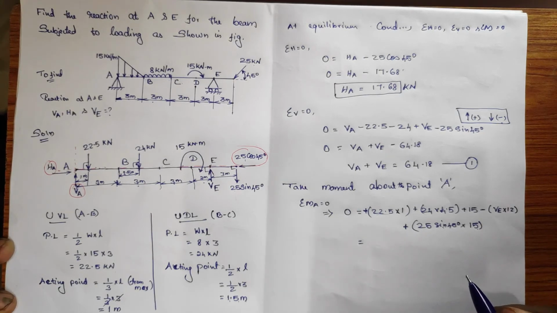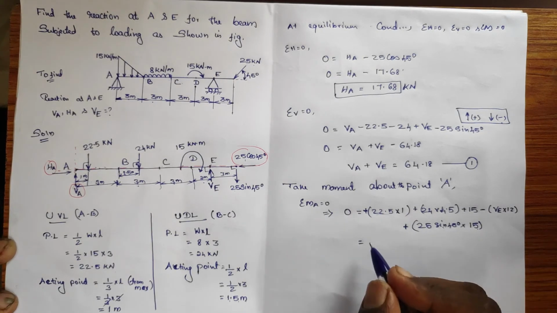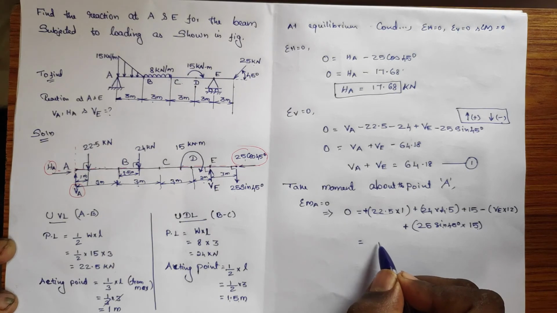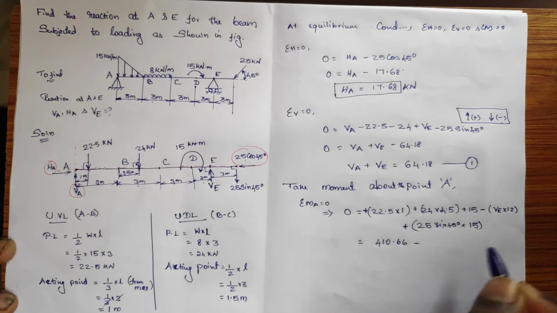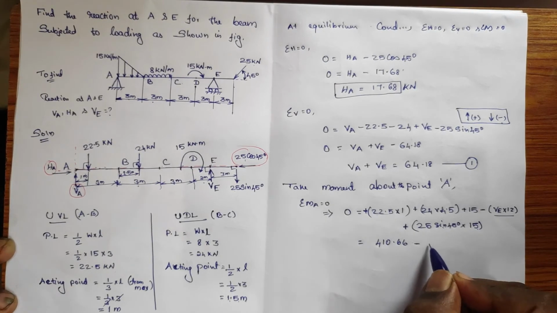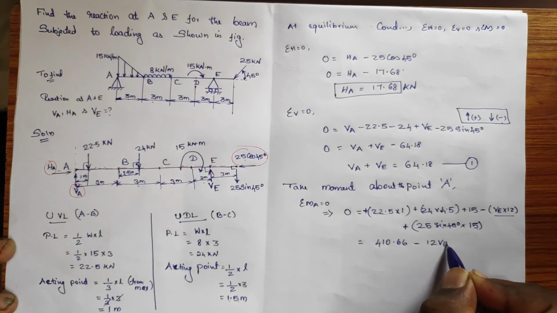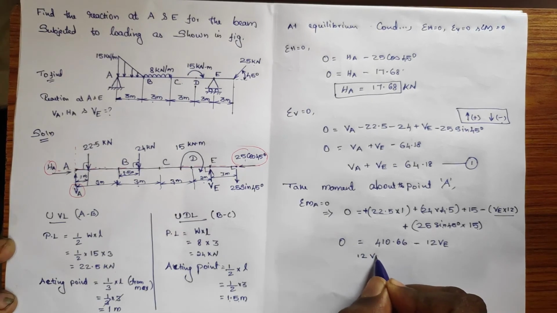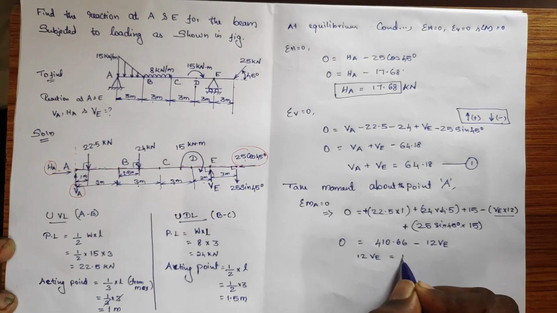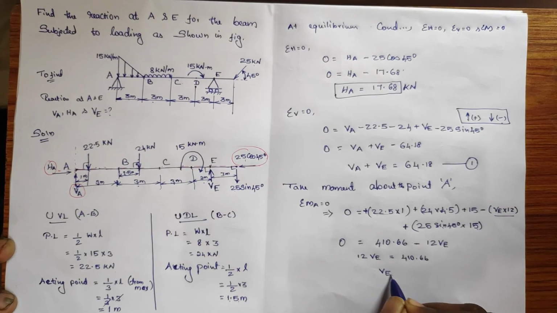If you put it in the calculator, you will get the value as 410.66 minus, then if you simplify it, you will get 12 VE. Then we can simplify this as 12 VE is equal to 410.66. So that VE answer can be found.